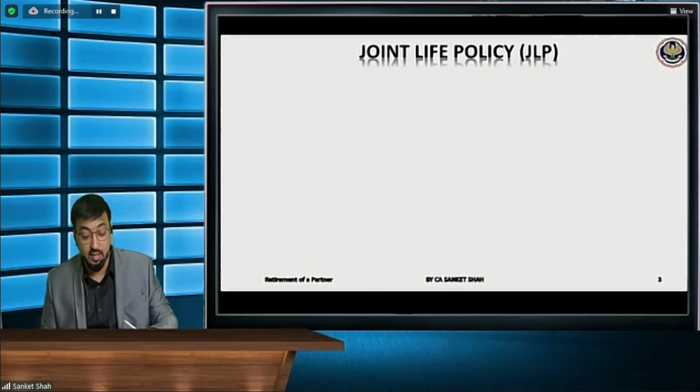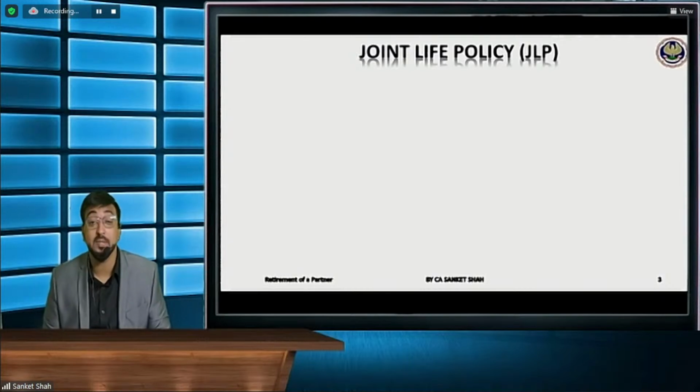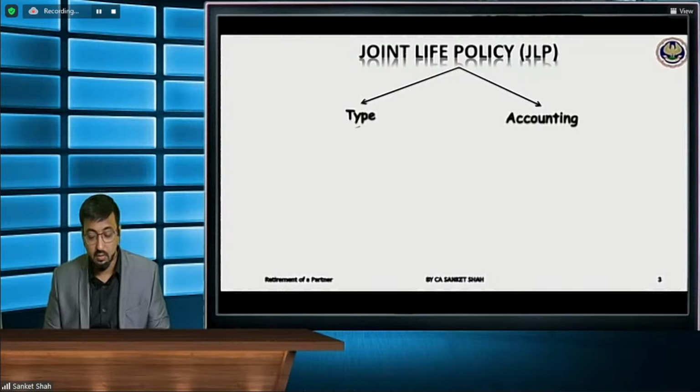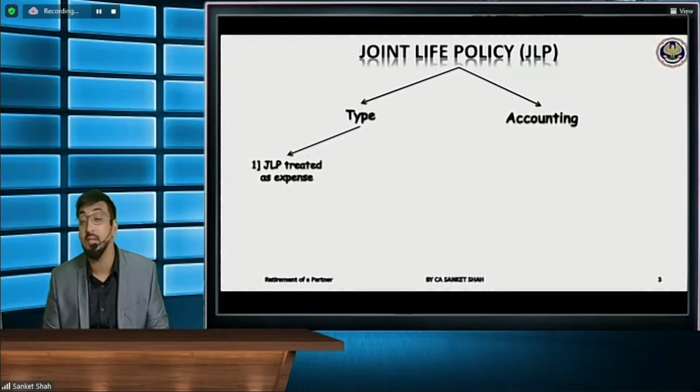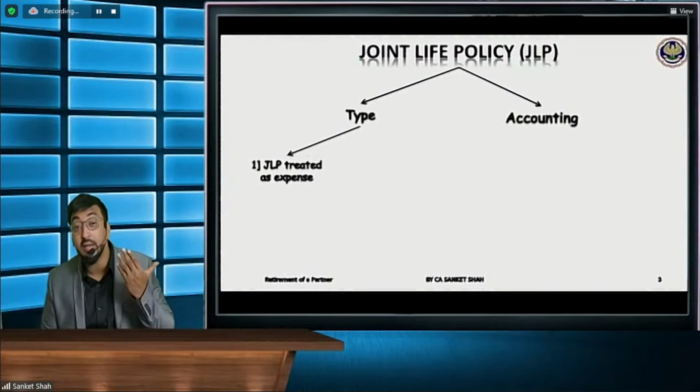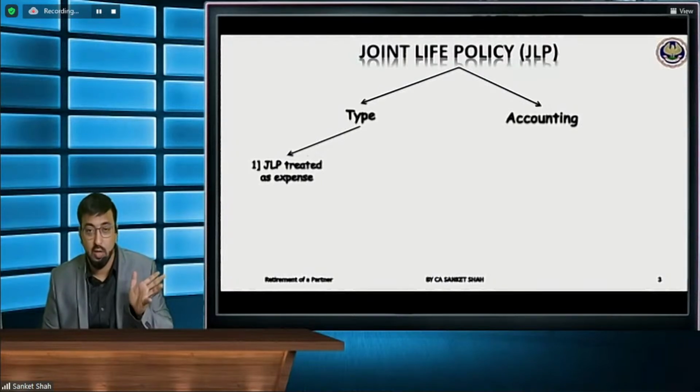What is joint life policy? कोई भी मरता है या कोई भी बेटा रिटायर होता है तो ये सबसे बड़ा बिजनेस का प्रॉब्लम हो जाएगा, और बिजनेस का प्रॉब्लम नहीं होना चाहिए. इसीलिए हम लोग जॉइंट लाइफ पॉलिसी लेते हैं. We have to understand joint life policy. Now there are 3 types of recording this premium. So what is premium? Premium means that you are paying to your insurance company. आपने कभी सुना होगा premium.